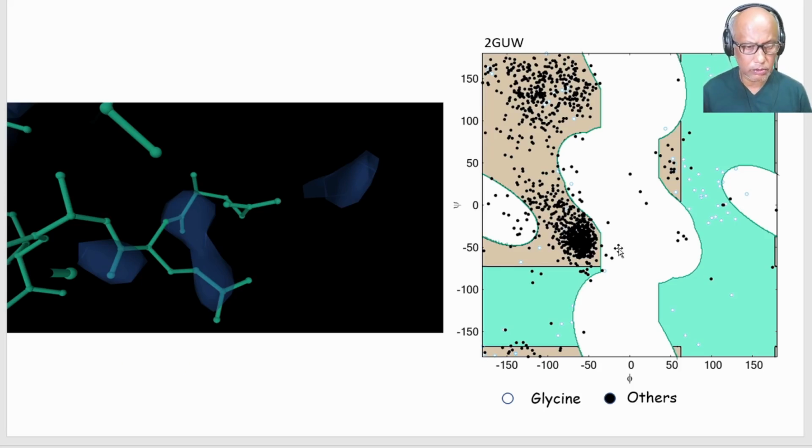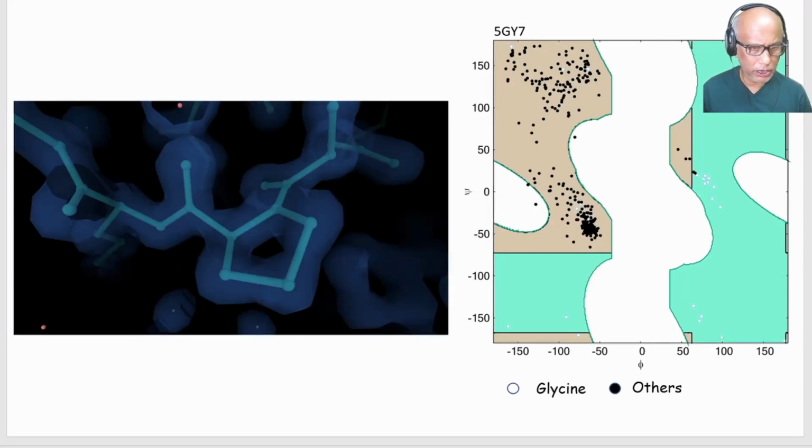Whenever a person solves the structure of a protein using X-ray crystallography or even NMR spectroscopy, it becomes important to plot the Ramachandran map. If one sees a Ramachandran map like this, where a significant number of residues are out in the disallowed region, then we know that something is wrong, and we take another look at the experimental data. But when we get something like this, where the vast majority of the amino acids are deep inside the allowed regions, then we know that everything is fine, and we can go ahead and deposit our structure in the database.